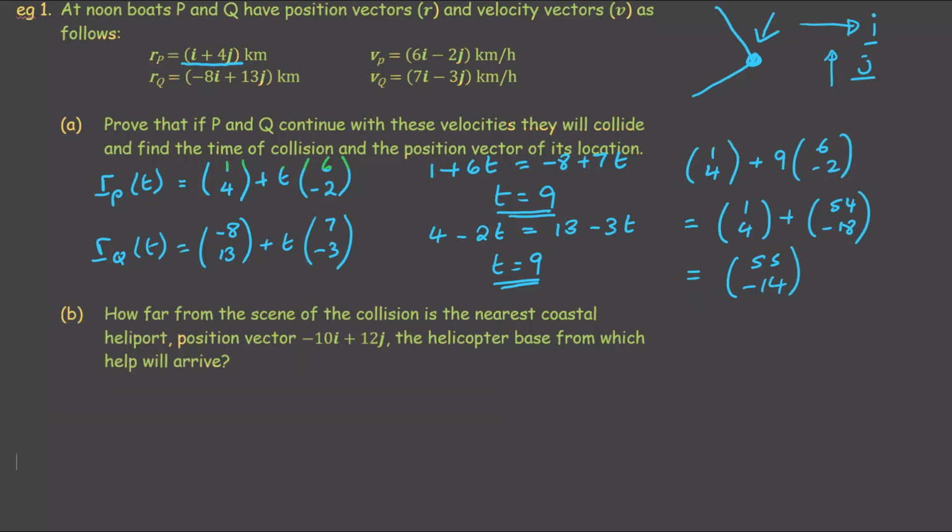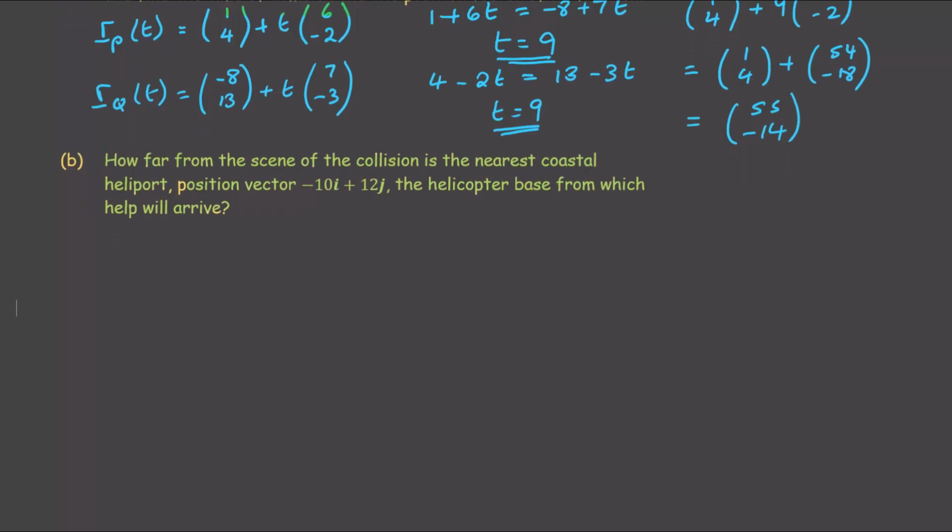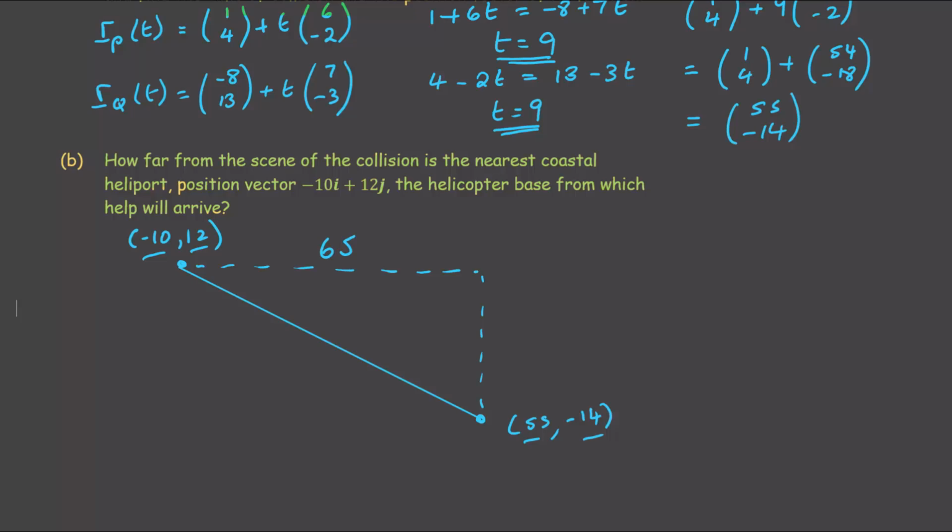So the heliport would be here at negative 10, 12, and the collision is over here at 55, negative 14. And we'll presume that we fly directly there. How far would we want to go? So we can see that negative 10 to 55 is 65 that way, and 12 down to negative 14 is 26 that way.